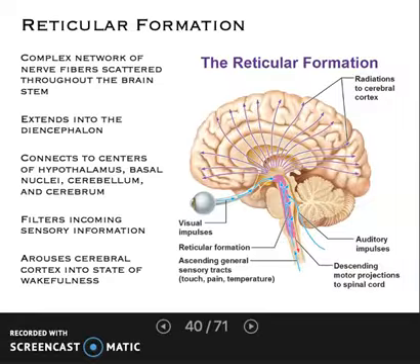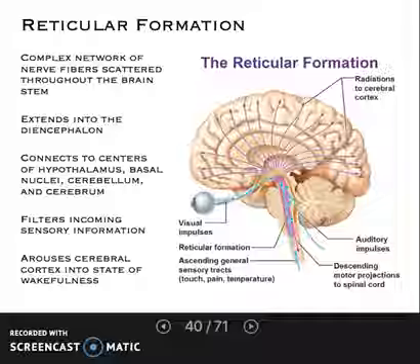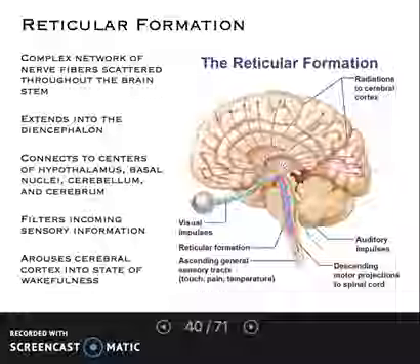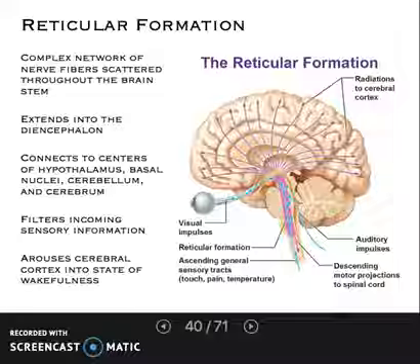So damage to the reticular formation can give you insomnia or conditions that promote insomnia, and being awake and being asleep are sort of the two things you are, right? You're either awake or you're asleep. Those are the big differences in your nerve functions during the day.